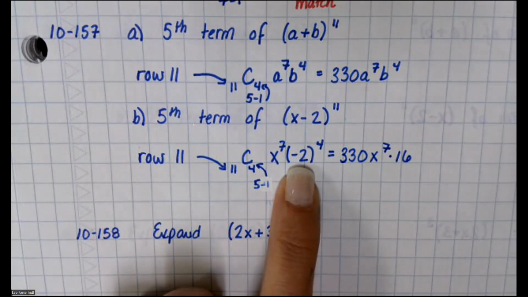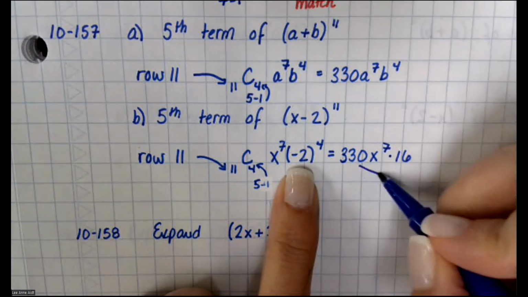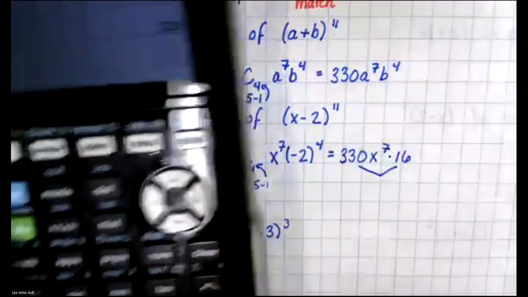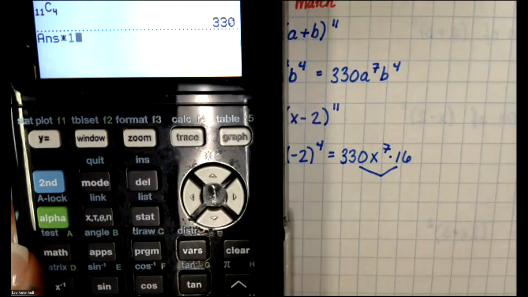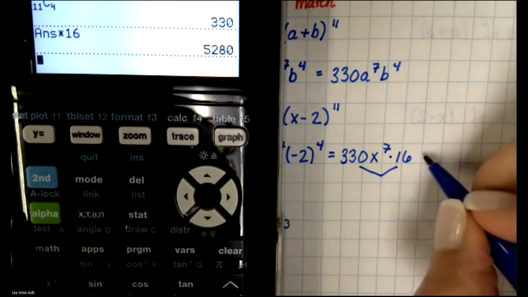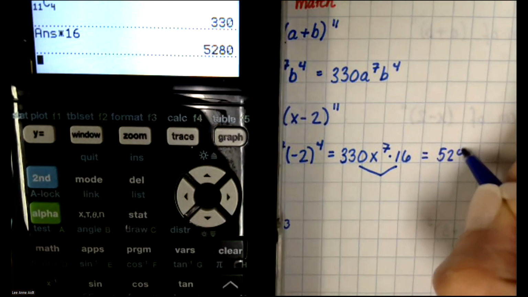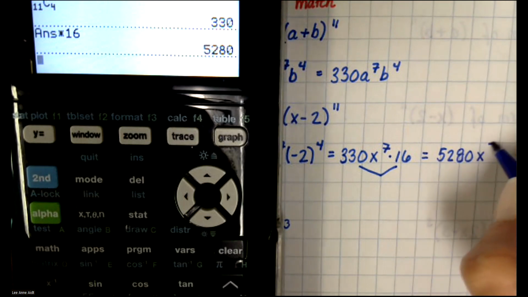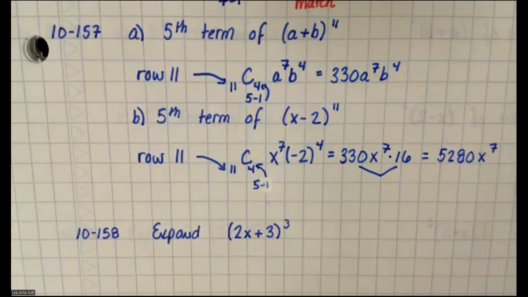Okay. And then you have to combine 330 times 16. Your final answer is 5,280 X to the 7th.